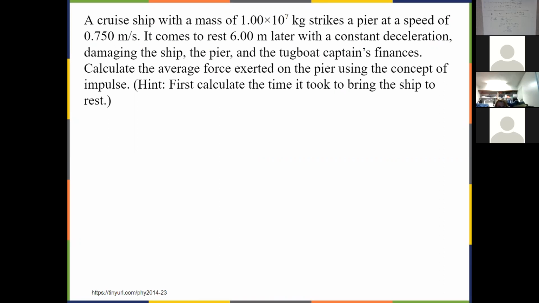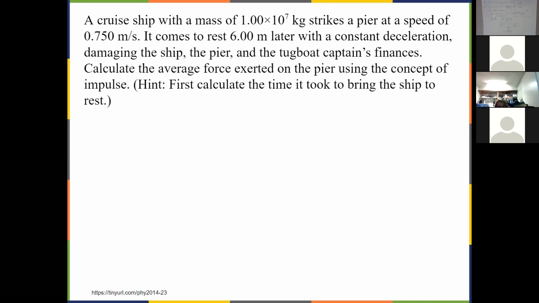It says it comes to rest 6.00 meters later with a constant deceleration, damaging the ship, the pier, and the tugboat captain's finances. It says calculate the average force exerted on the pier using the concept of impulse. The hint given is first calculate the time it took to bring the ship to rest.